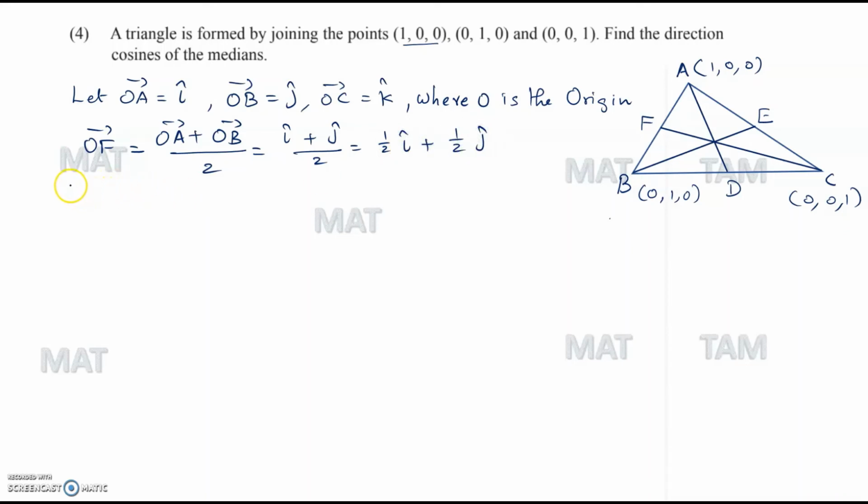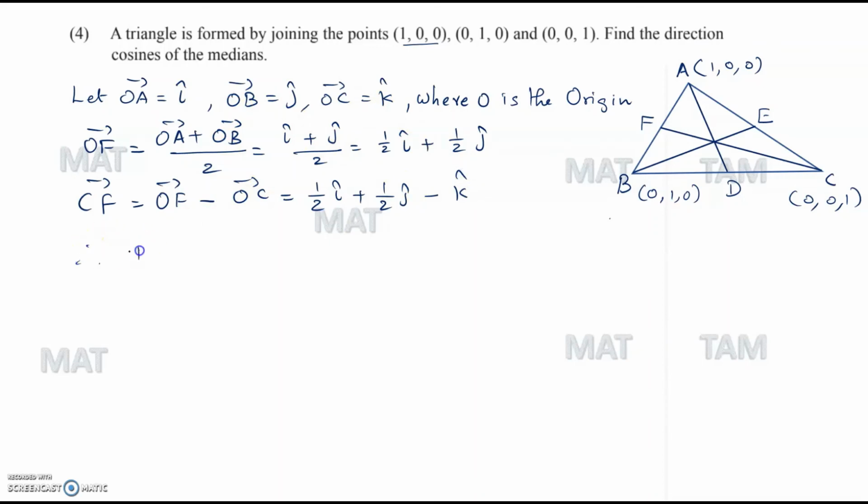Then our vector CF is equal to vector OF minus vector OC, which is 1 by 2 i cap plus 1 by 2 j cap minus k cap, since our OC is k cap.